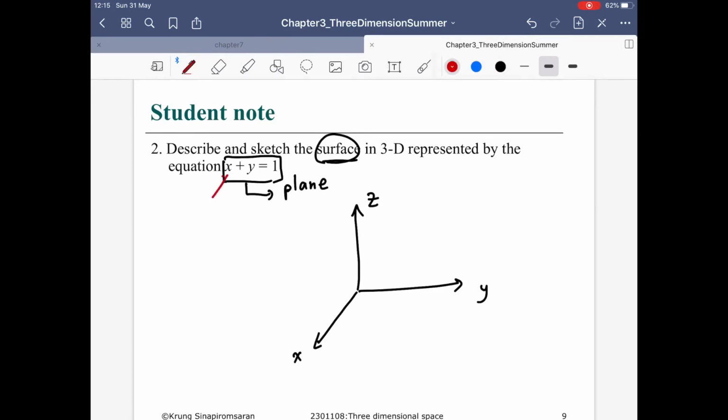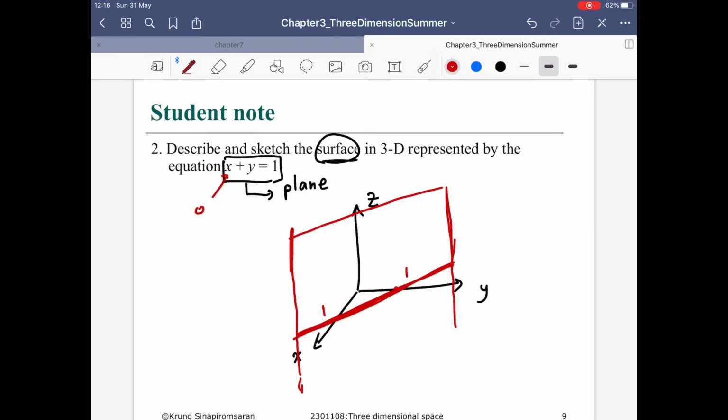So if your x is 0, it looks like you draw a straight line in 2-dimensional space. If your x is 0, your y is 1. If your y is 0, your x is 1. So here is that straight line in 2-dimensional space. But it's saying that your z can be anything. So this straight line looks like a scroll of paper. So you are going to unfold the scroll, and then just put it as a big sheet of paper like this.